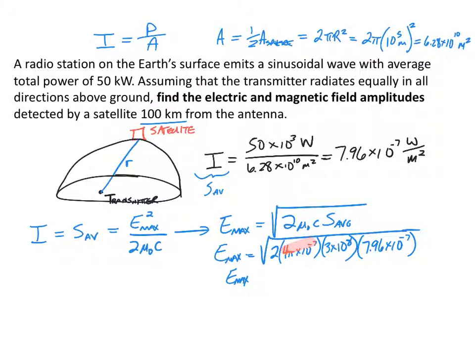So this is mu naught, this is the speed of light, and that's the S average. This works out to be a really small electric field strength: 2.45 times 10 to the minus 2 volts per meter.